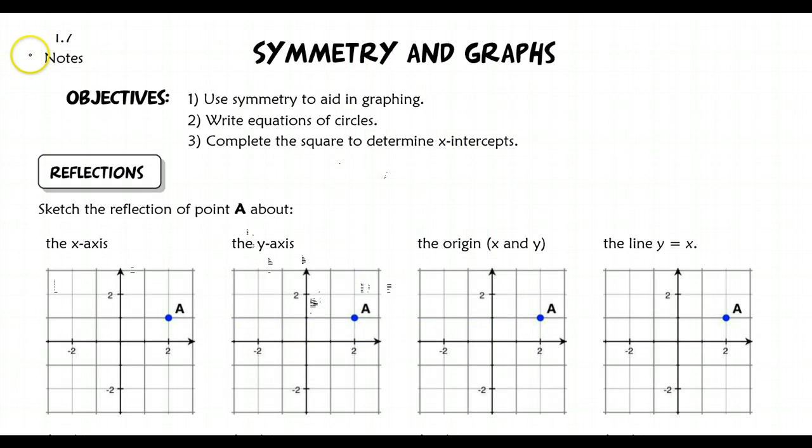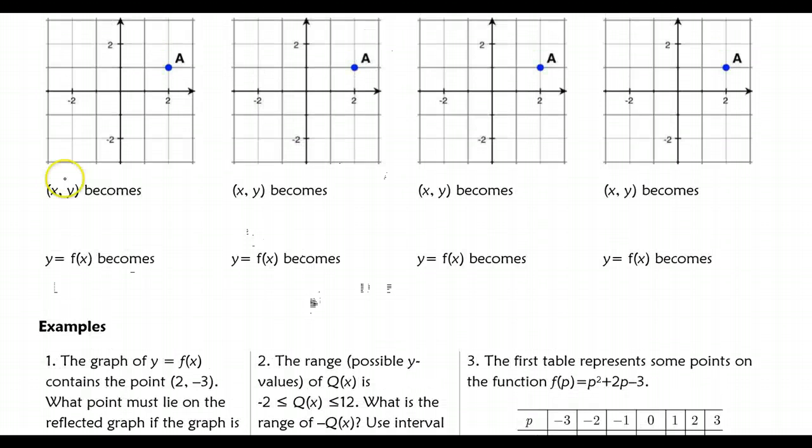Okay, let's bring it back now to our note sheet. I would like you to try to reflect this point A about the x-axis, the y-axis, the origin, and the line. I want you to check your answers to this portion here, because I'd like you to try to complete this as well. I kind of alluded to this in the video, talking about what x, y becomes once you create that reflection about the x-axis or whatever axis you're looking at.